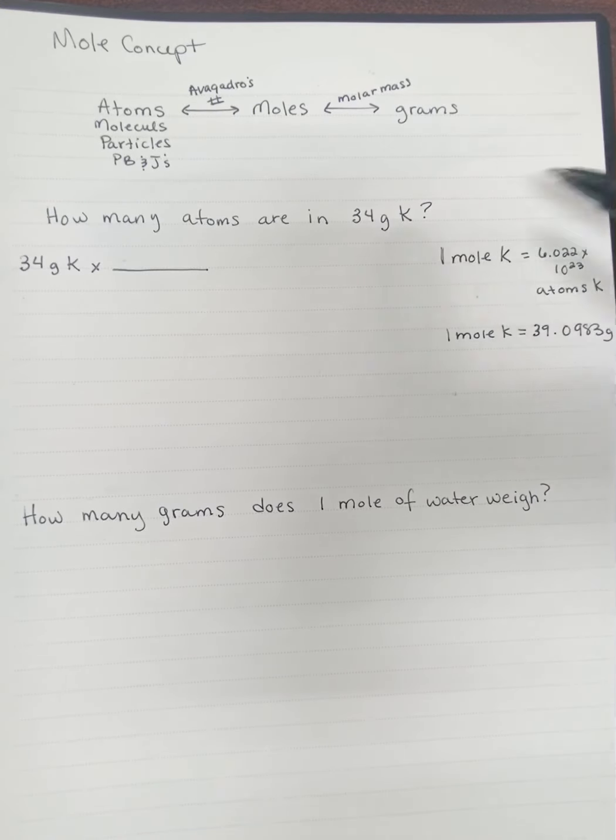This isn't dependent upon the identity of the substance. But this one is dependent upon the identity of the substance. So 1 mole of potassium is going to weigh 39.0983 grams, which we get from our periodic table, but 1 mole of paper clips is going to weigh a lot more because each individual paper clip weighs a whole lot more, okay? So this one does depend on what we're dealing with.